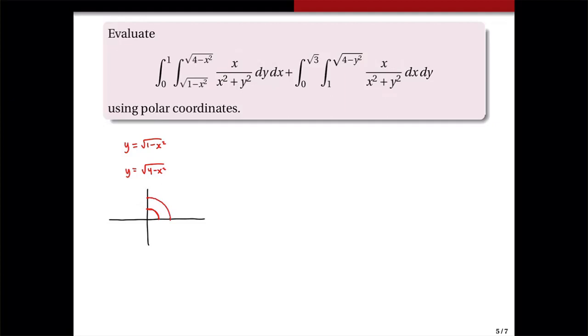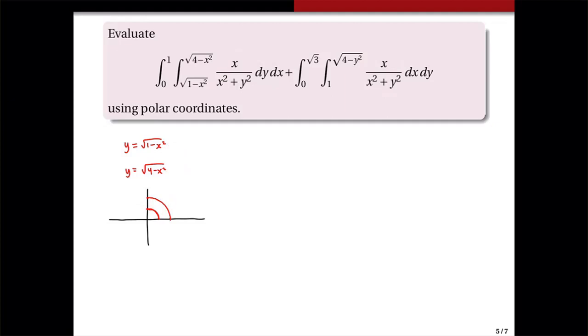So this guy here is for this, while this guy here is for this. Okay? So it says that your y moves from this part going to that part.